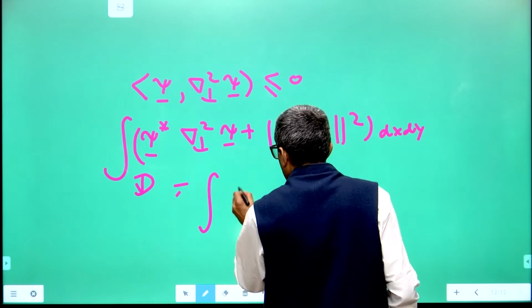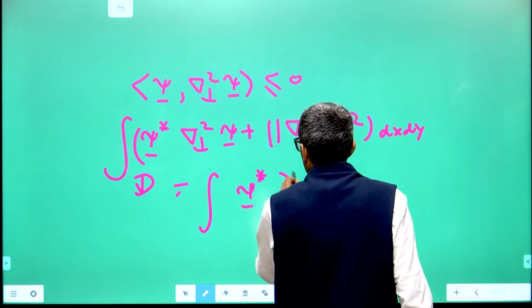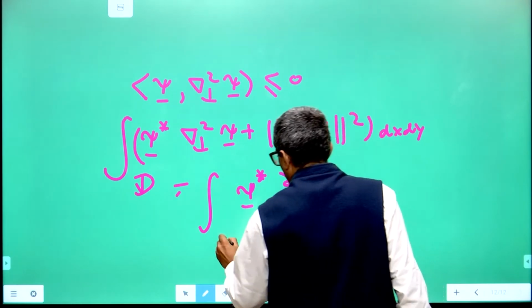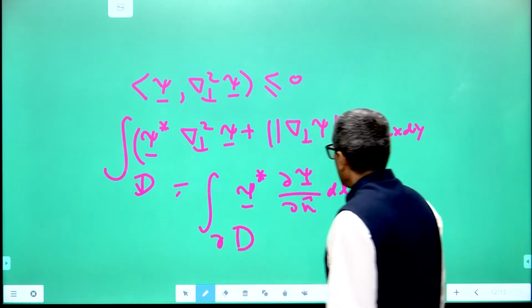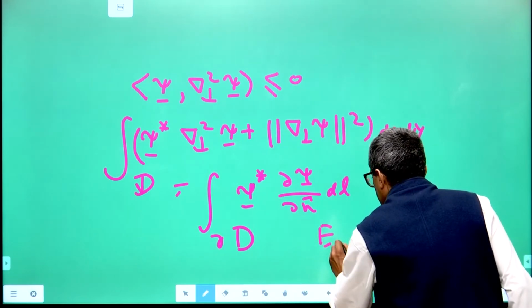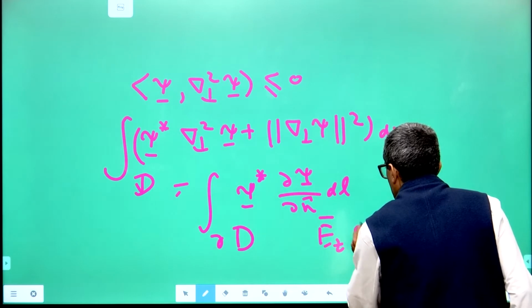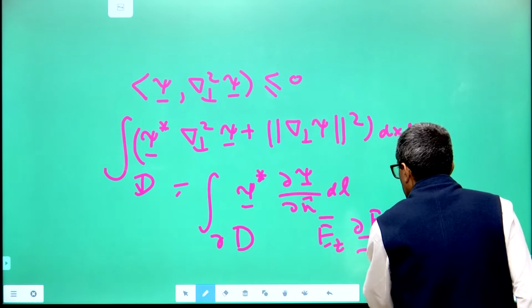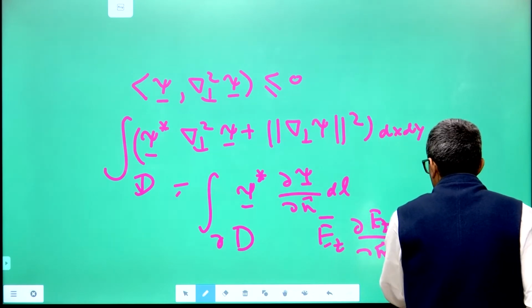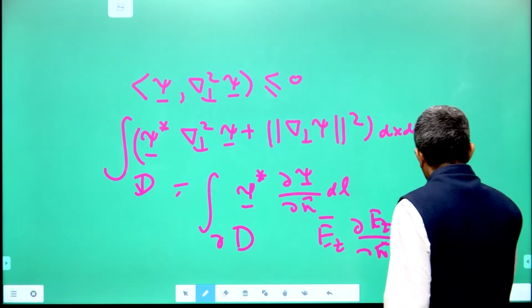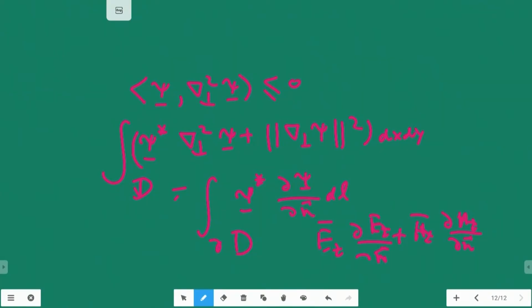So this is nothing but psi star into dou psi by dou n dl along the boundary, and along the boundary you have seen that this term will vanish, because this can be written as Ez bar into dou Ez by dou n cap plus Hz bar into dou Hz by dou n, and dou Hz by dou n vanishes on the boundary and Ez vanishes on the boundary, so this term drops off, this gives you 0.